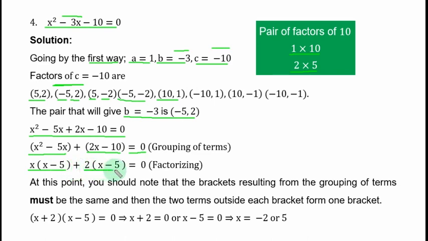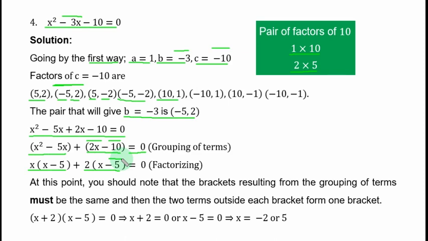When you factor it out, you have s minus 5 as well. You must know that the term you factored out, you use it to divide each term in the bracket. So you have 2s divided by 2, which gives s, and minus 10 divided by 2 gives minus 5. That is what actually happened.